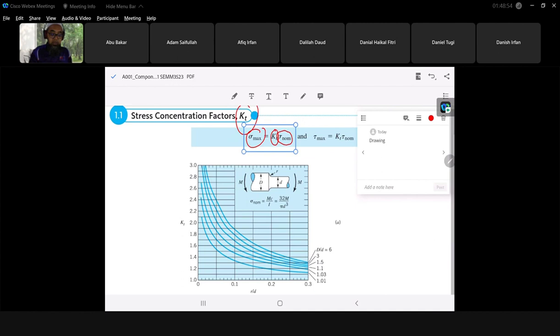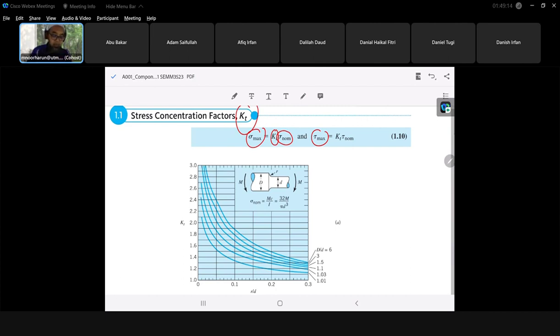But for fatigue, we have a different equation, because we need to use this KT in order to calculate the fatigue stress concentration.